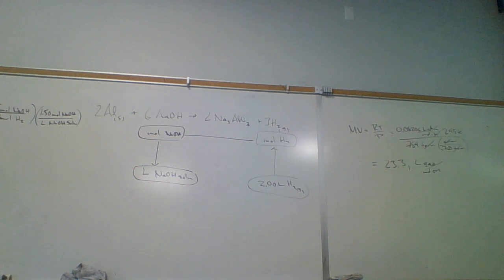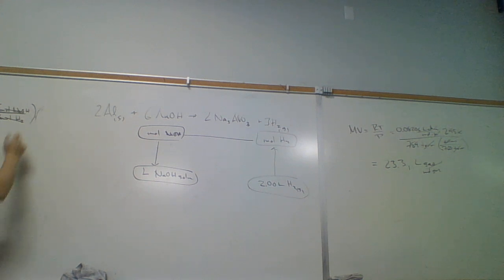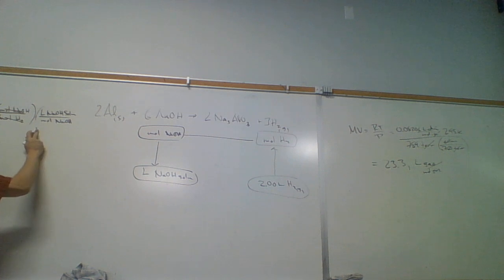And so liters of hydrogen gas cancel, moles of hydrogen gas cancel, moles of pure sodium hydroxide, oops, don't cancel, because I wrote this upside down. This has got to be a liter of sodium hydroxide solution per mole of pure sodium hydroxide.